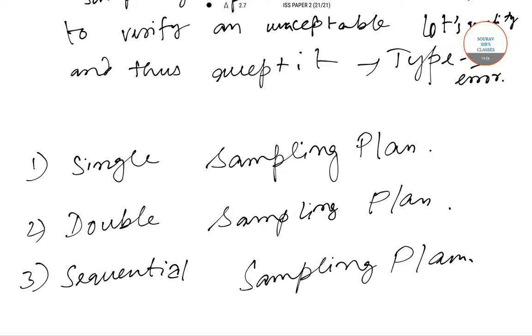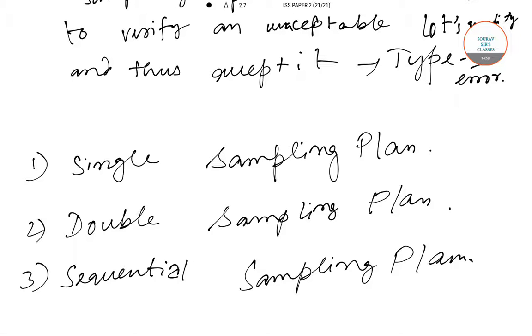So these 3 types of sampling plan are required for the acceptance sampling. As you can see from single sampling plan, it's very clear that in this case of sampling there is only one sampling plan. Double sampling plans are for those when the first sampling plan fails, and sequential sampling plans are for more than 2 sampling plans. That is, once one sampling plan fails, we will enable the other one for the ongoing of the procedure.